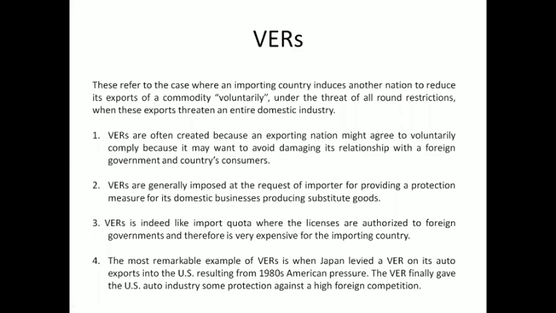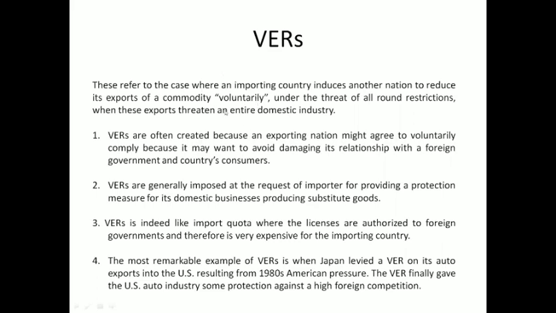We'll now be discussing voluntary export restraints. These refer to the case where an importing country induces another nation to reduce its exports of a commodity voluntarily. Now, the importing country may induce the other nation, the exporter, to reduce their exports voluntarily.